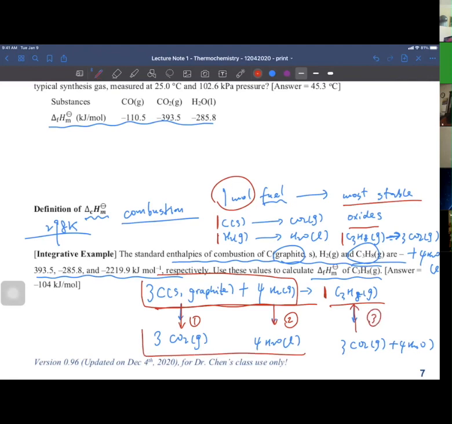Because this actually equals this. So the overall reaction will be 1 plus 2 plus 3. But when you say plus 3, actually plus 3 is the negative delta H of combustion of C3H8. Make sense? Because the combustion is the opposite process.